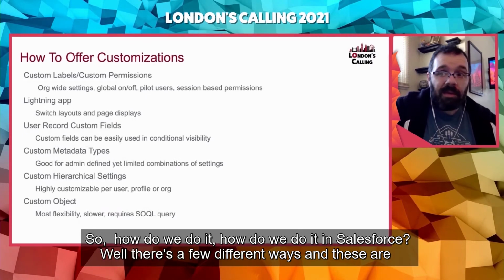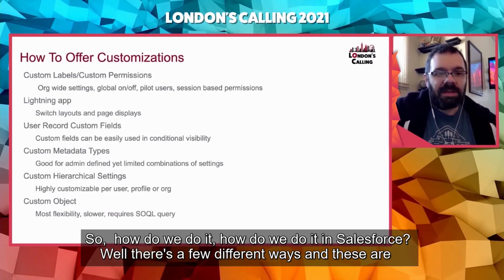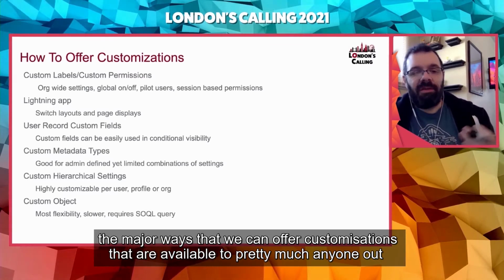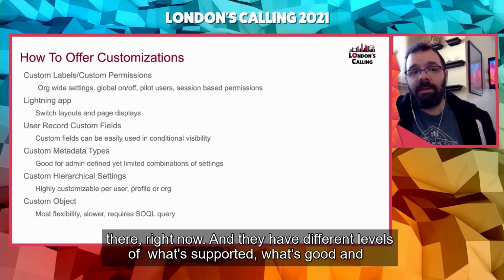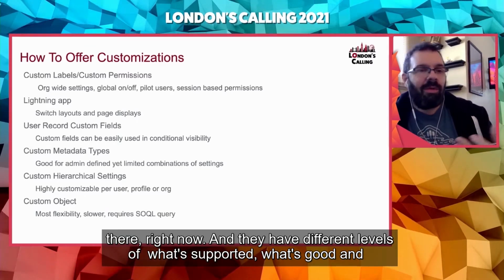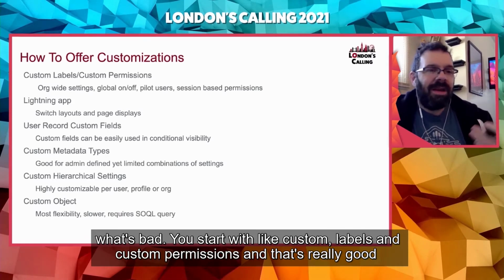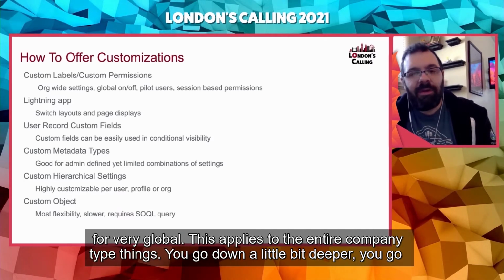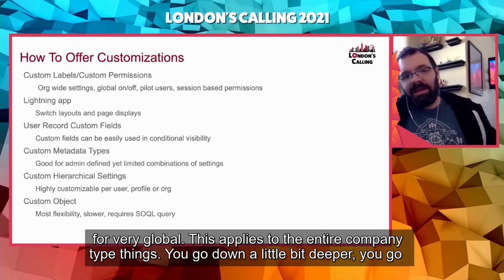So how do we do it? How do we do it in Salesforce? Well, there's a few different ways, and these are the major ways that we can offer customizations that are available to pretty much anyone out there right now. And they have different levels of what's supported, what's good, and what's bad. You start with custom labels and custom permissions, and that's really good for very global things. This applies to the entire company.